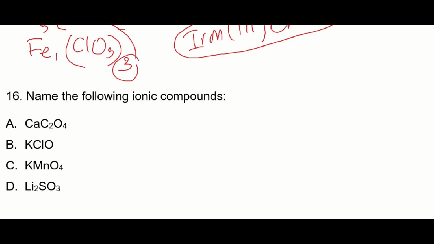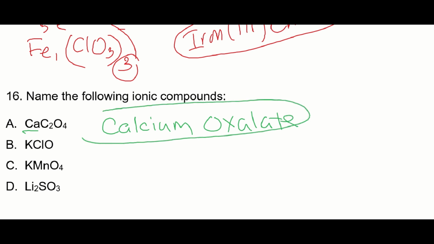Number 16, here we go. Calcium is, that's what it is, an oxalate. Just write the name of the cation, and then if it's a polyatomic ion, then just write the name of that. If it's an element, switch the ending to IDE. All right, next up, that's K is potassium. And that's hypochlorite.